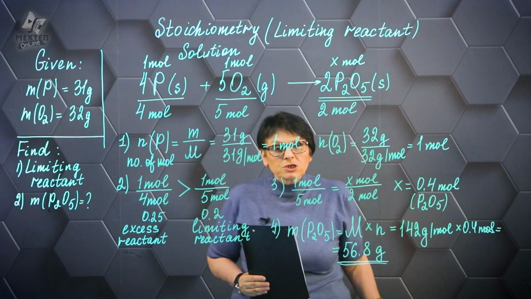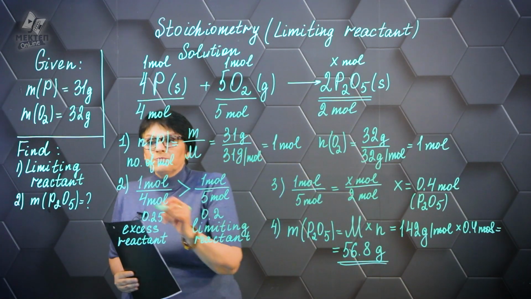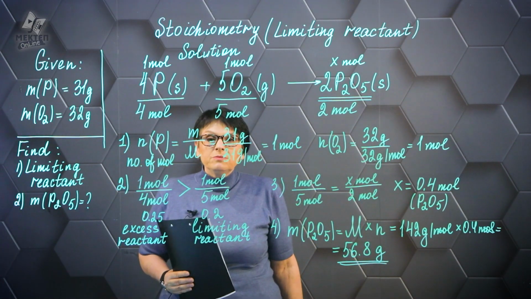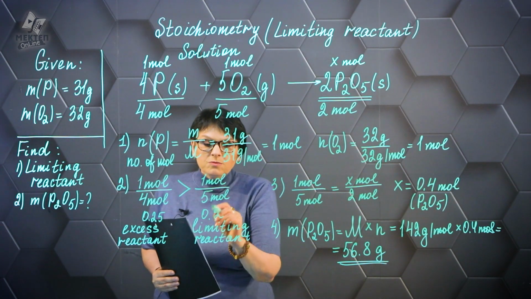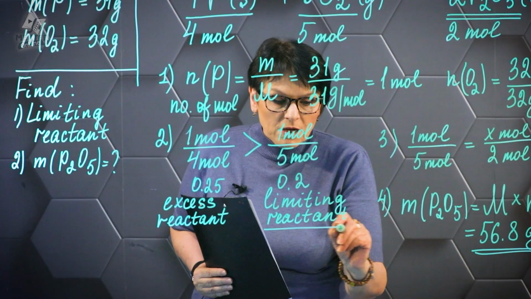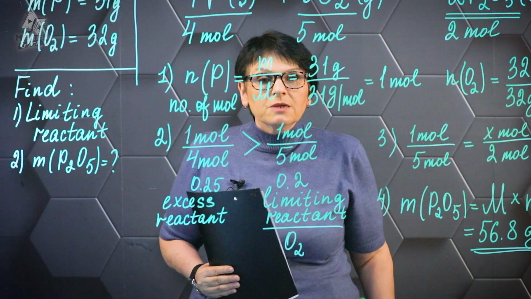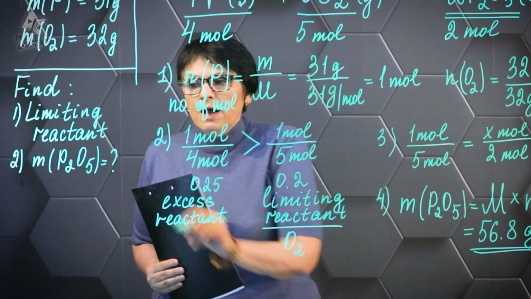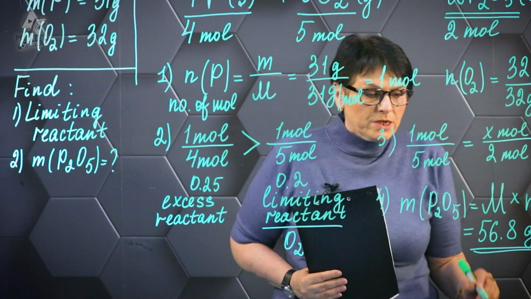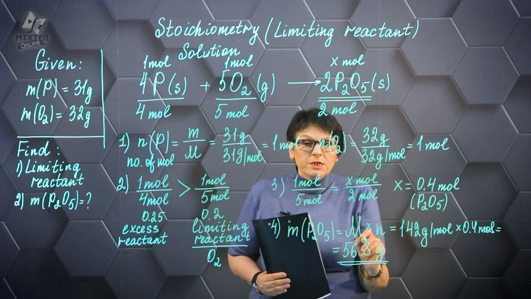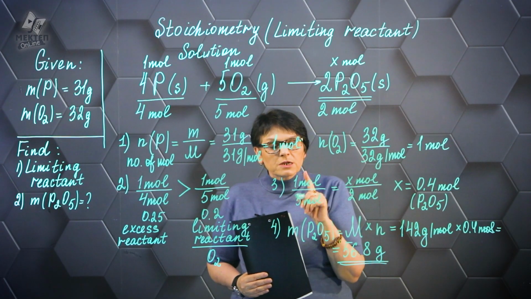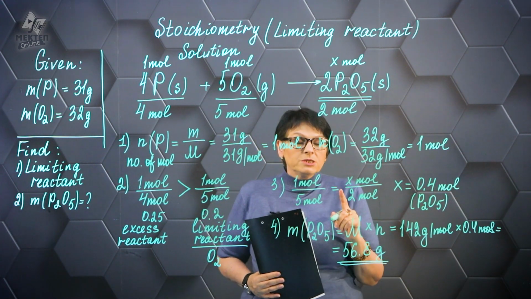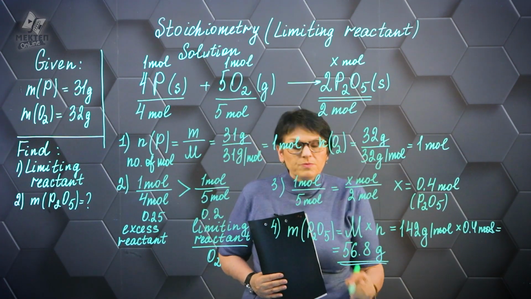And that's our answer. The first question: what is the deficiency substance in this case, that is, the limiting substance? It will be oxygen. This very substance is taken in a smaller amount. And then the substance in excess is phosphorus. The second question, how much P2O5 was obtained? We found 56.8 grams, and I draw your attention that the calculation should be carried out strictly on the substance taken in the limited state.